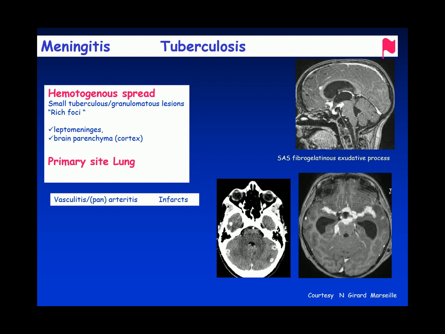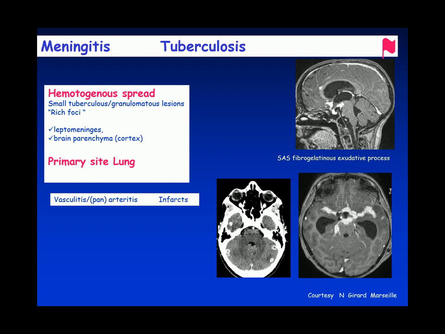So don't be surprised to see pachymeningitis at the basal cisterns. Don't be surprised to see lesions into the parenchyma, ring-enhancing lesions, and don't be surprised to see in a patient with tuberculosis infarcts, stroke lesions.